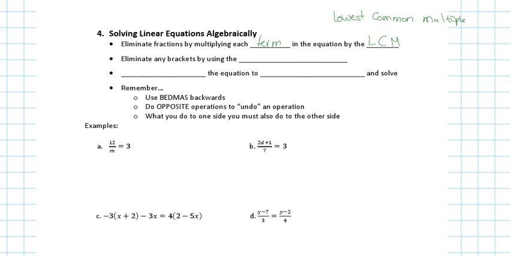All right. Eliminate any brackets by using the distributive property, right? You can't move things around when they're in brackets. You have to release them from the brackets before you can move them around.